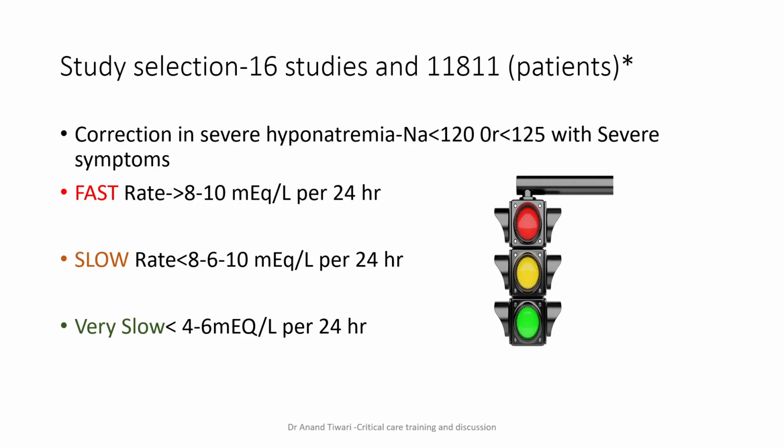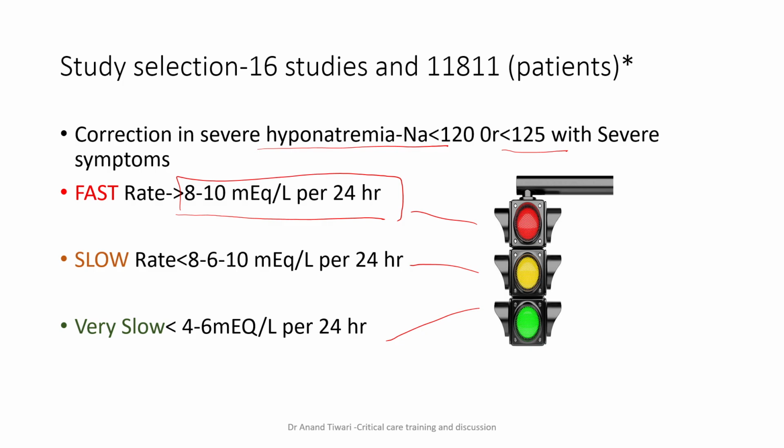So in this previous meta-analysis, what they have done is compare the fast, the medium and the slow rate of correction, and they have seen that you can correct up to 8 to 10 milliequivalent per liter per 24 hours without much side effect in a patient with severe hyponatremia where severe symptoms are present.